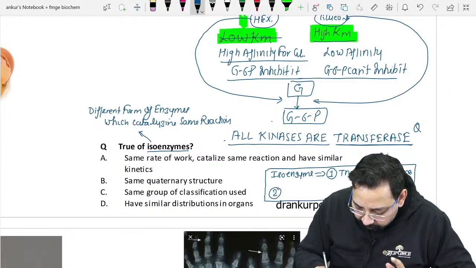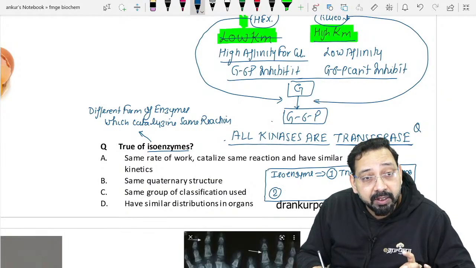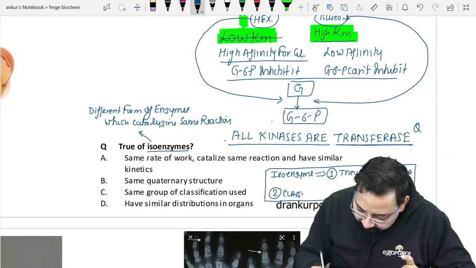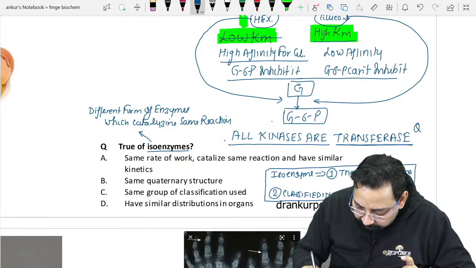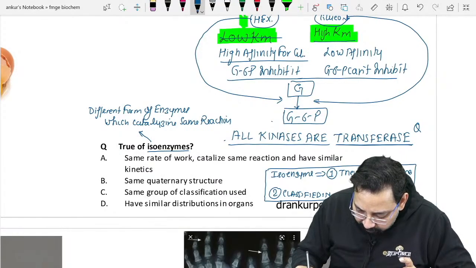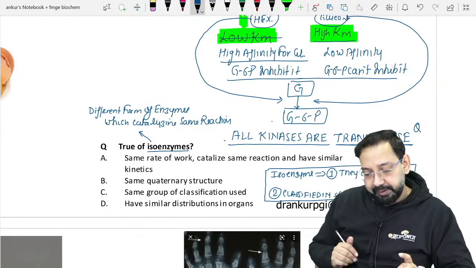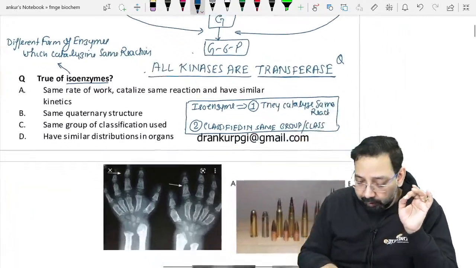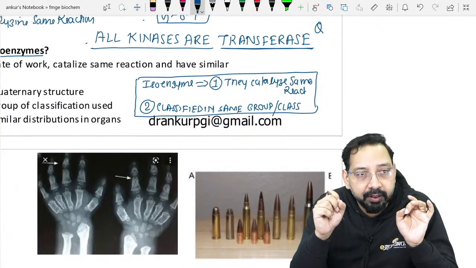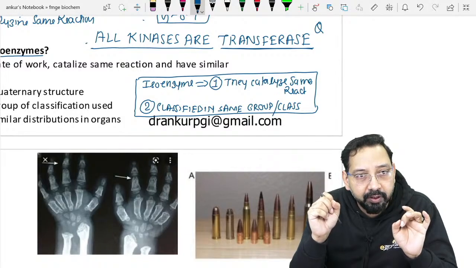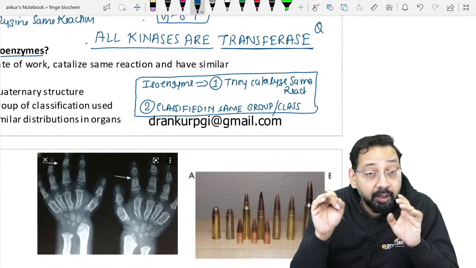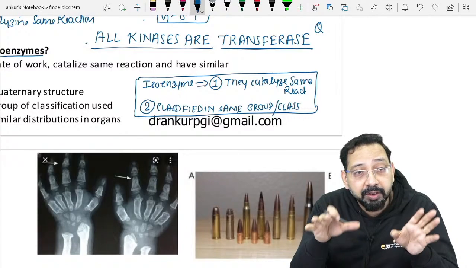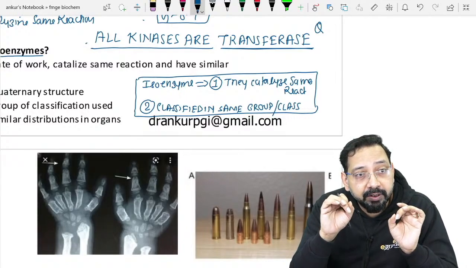Second thing, they are classified in the same group or class of enzyme. Any other thing may be different. Again I repeat, they catalyze the same reaction, and they are classified in the same group or same class.